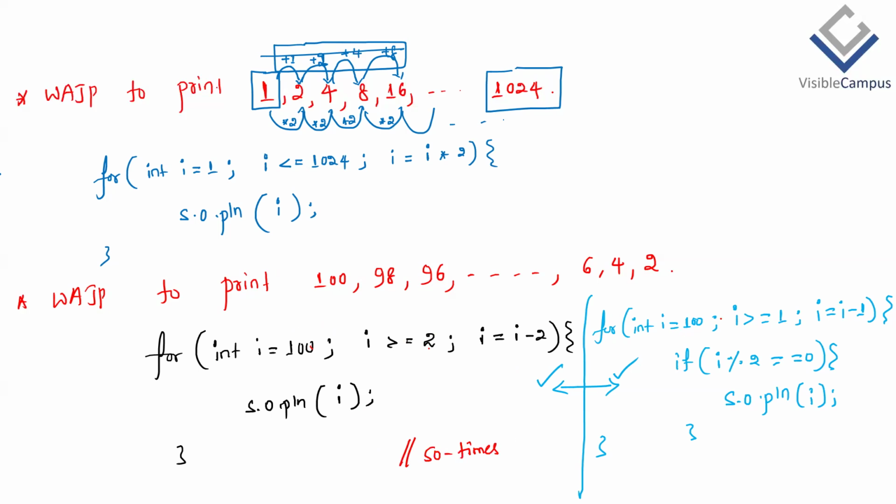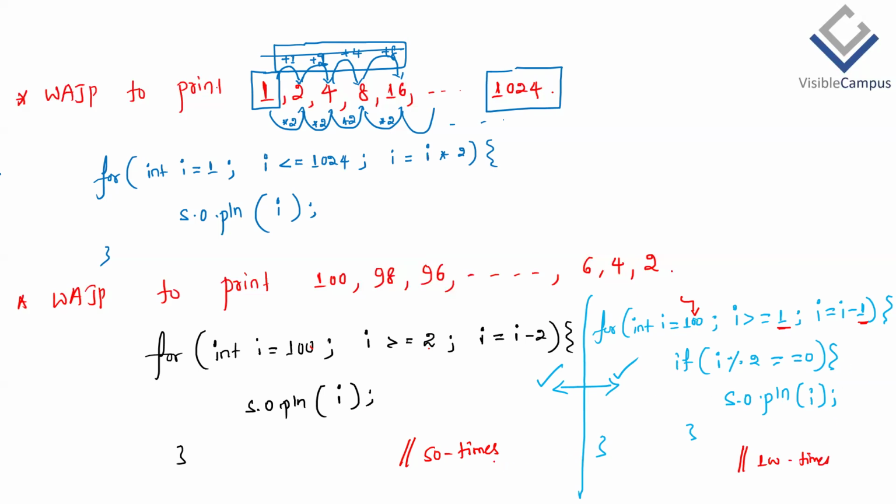But in this scenario, the loop will run for how many times? 100 times, because we are starting with 100 and ending with 1 and decreasing by 1 only. It means first i will be 100, then 99, 98, 97, 96, all those will be considered up to 1. It means the loop is running for 100 times, but the condition is satisfied for 50 times only.